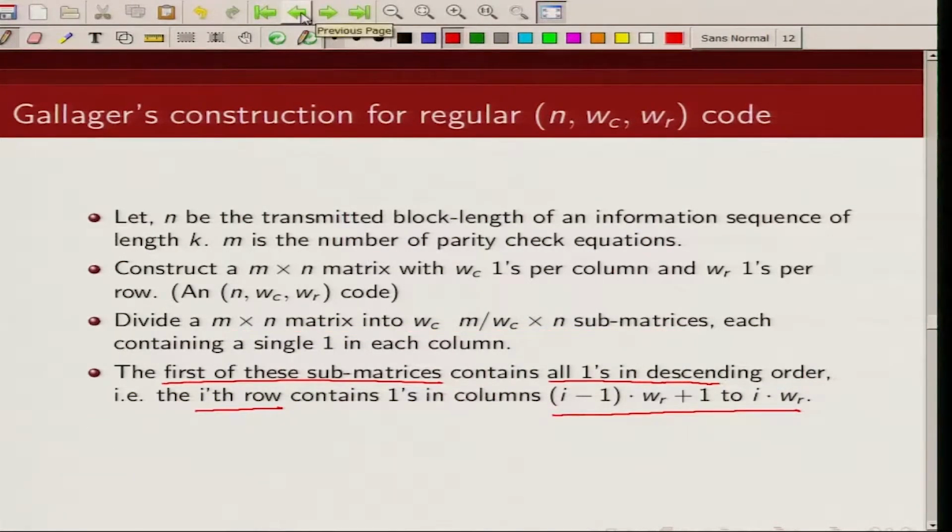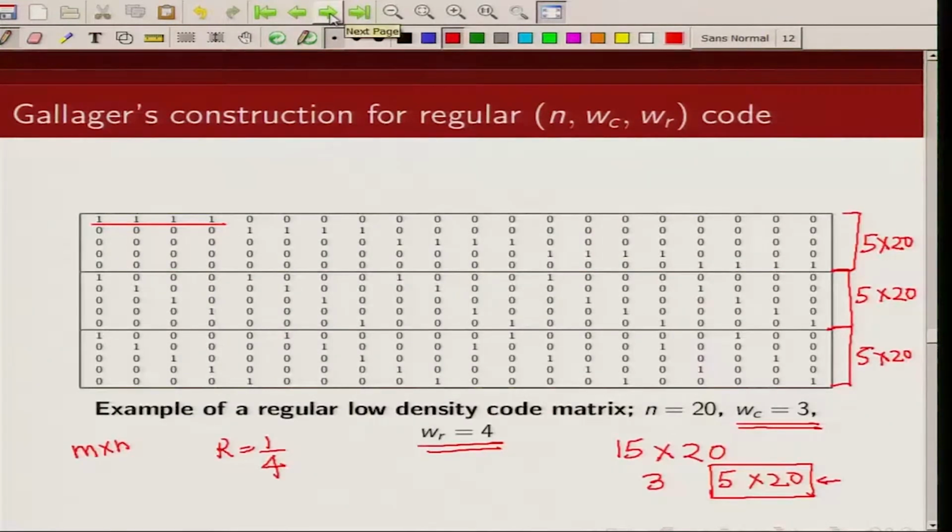Once you have constructed this 5 cross 20 sub matrix, the rest are all zeros.